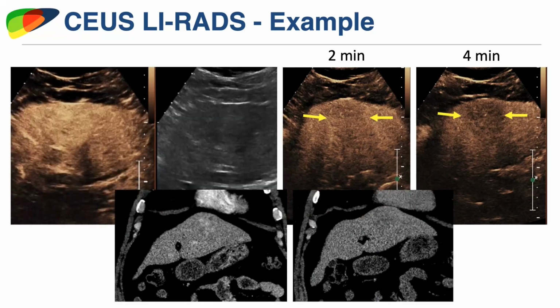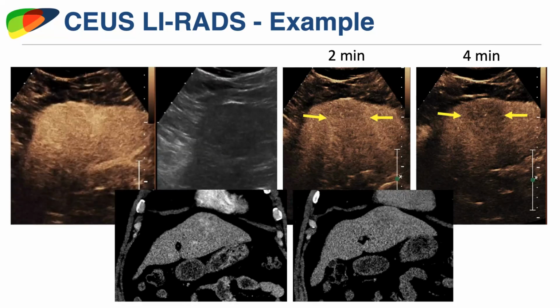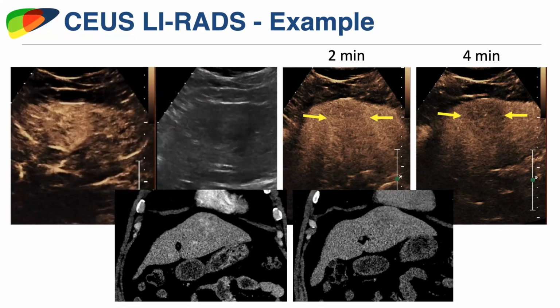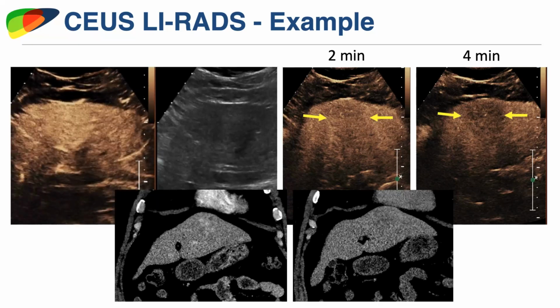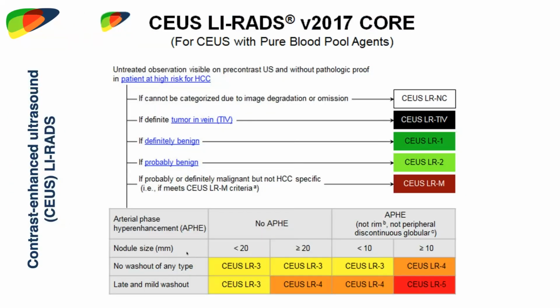Patient went on to a staging CT examination, and I actually think that this is the best image I could find of this. I'm not just showing you the coronal because I want to hide it from you, but I actually think it's easier to see on the contrast-enhanced ultrasound relative to the CT.